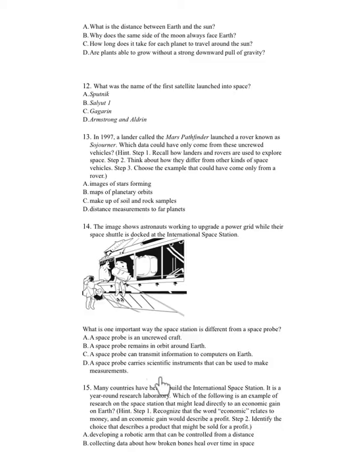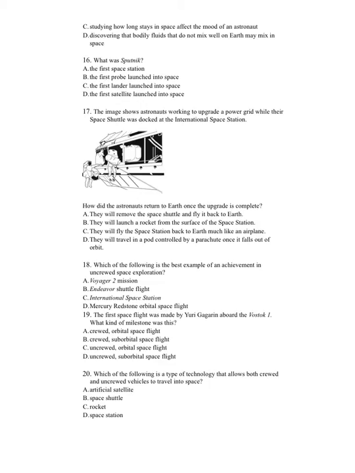A, developing a robotic arm that can be controlled from a distance. B, collecting data about how broken bones heal over time in space. C, studying how long stays in space affect the mood of an astronaut. D, discovering that bodily fluids that do not mix well on Earth may mix in space.